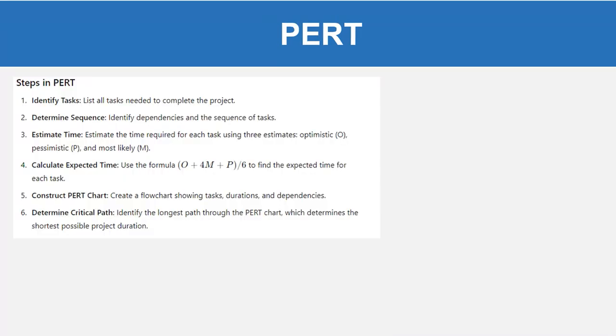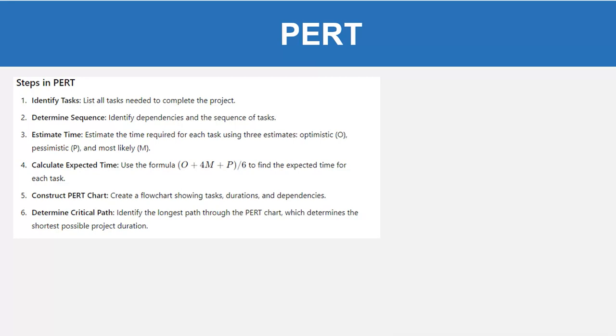Now we can talk about the steps in the PERT method. First is identify tasks, which means list all tasks needed to complete the project. Then determine the sequence, which means identify the dependencies and the sequence of tasks. Then estimate task time, which means estimate the time required for each task using three estimates: optimistic, pessimistic, and most likely. Then calculate expected time.